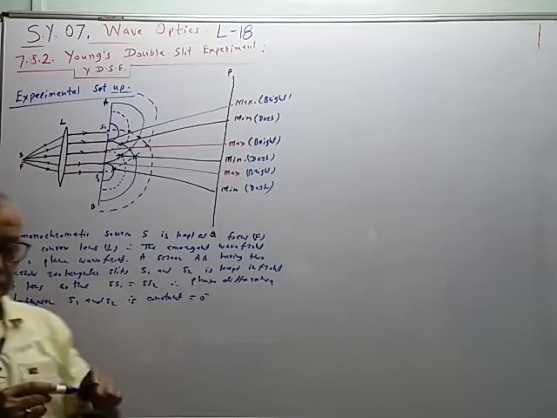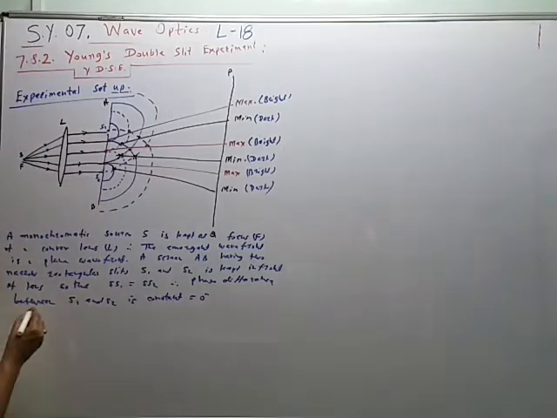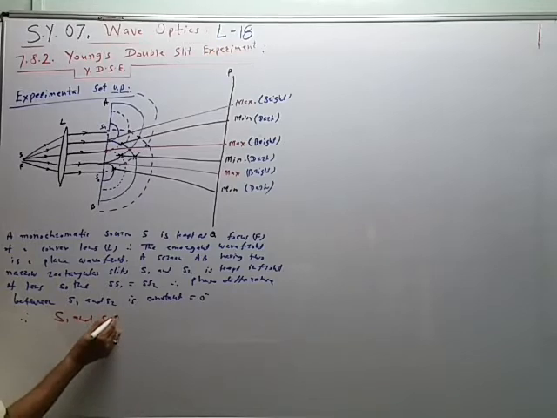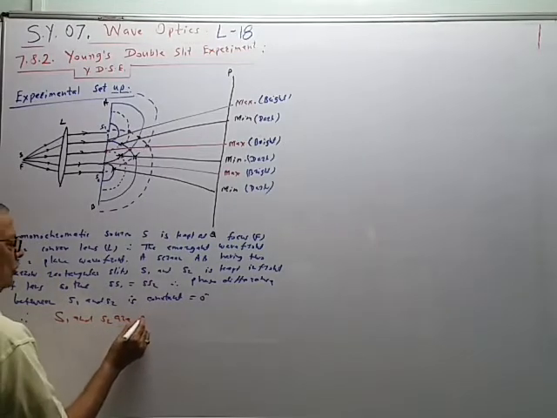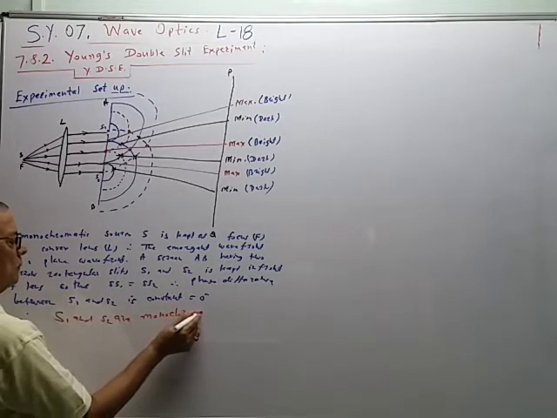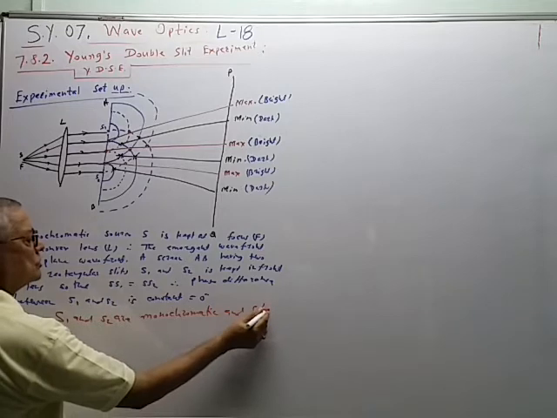Therefore, S1 and S2 are monochromatic and coherent sources.